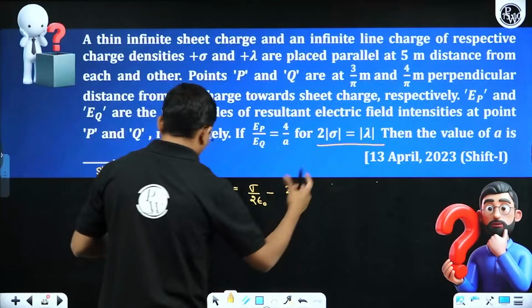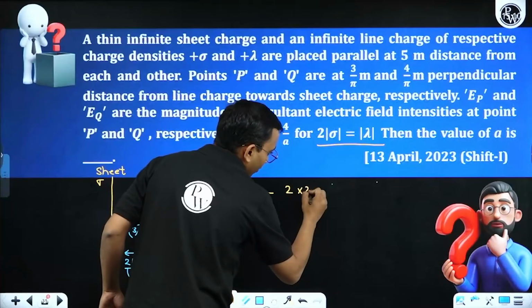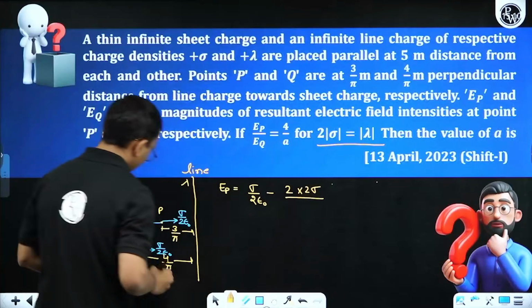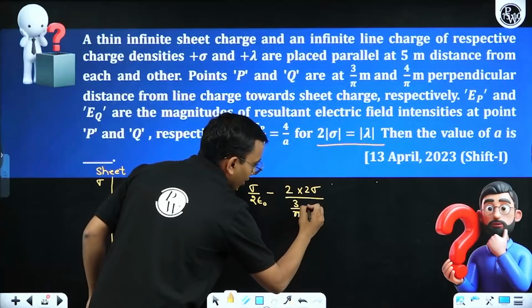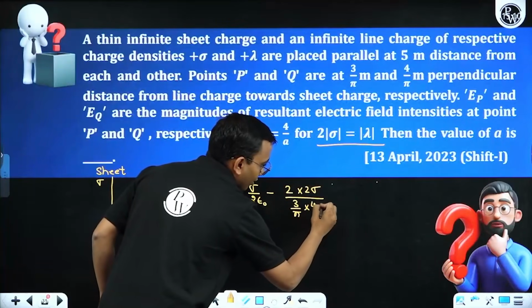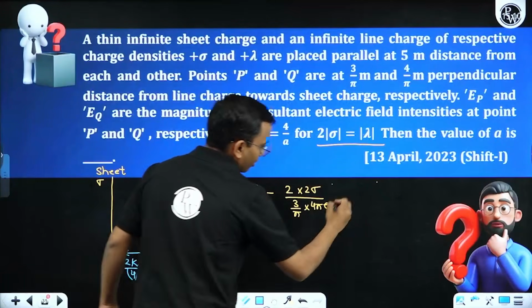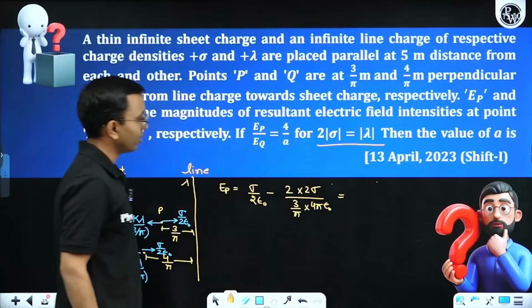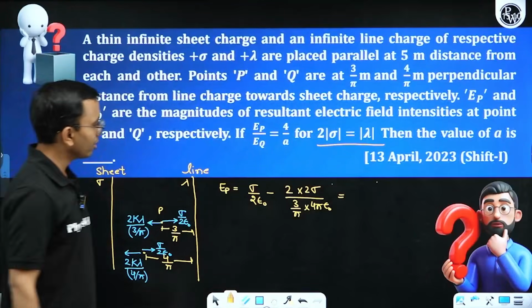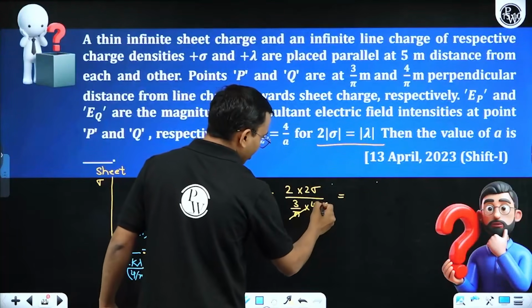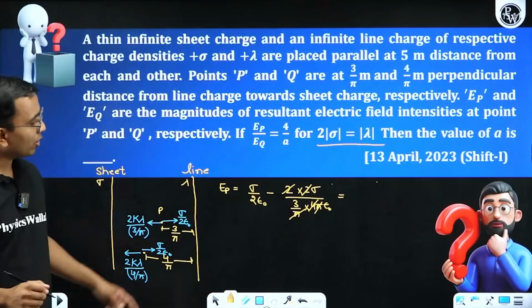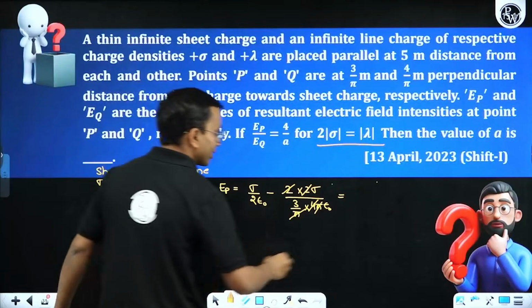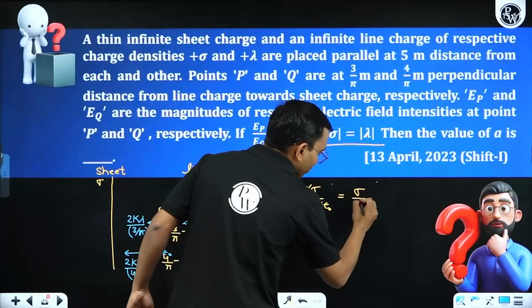Lambda is 2 sigma, this is 3 by pi into 4 pi epsilon naught. That is clear. Pi will cancel, 4 will cancel, sigma by 2 epsilon naught minus sigma by 3 epsilon naught, that is sigma by 6 epsilon naught.